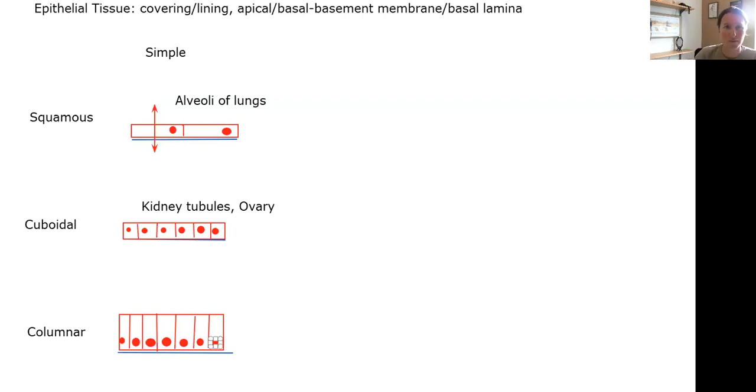And also sometimes there are little things on the top here. These are called microvilli, and they're essentially increasing the surface area of this particular tissue. And that's important because this simple columnar epithelial tissue is also fantastic, and in fact even better at secreting and absorbing things.